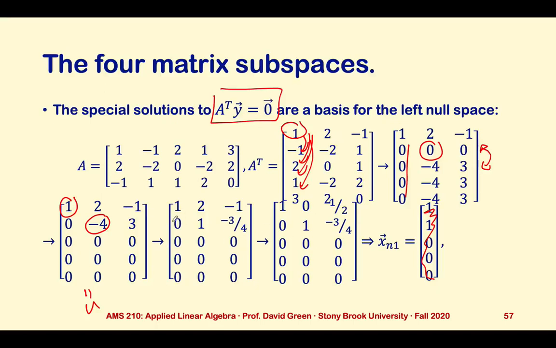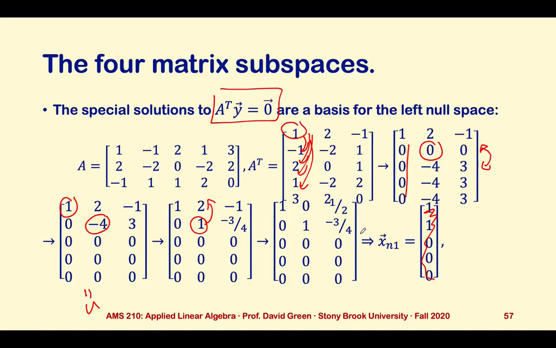We scale this second row, dividing through by 4, giving us 1, 0, 1, and negative 3 over 4. And then we use this to eliminate upwards, subtracting 2 times the second row from the first. 1 minus 0 is 1, 2 minus 2 is 0, and negative 1 minus negative 3 halves is plus 1 half.